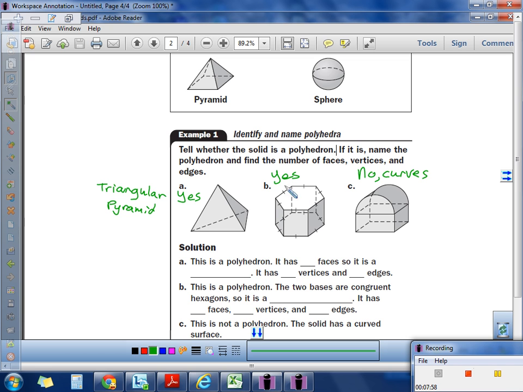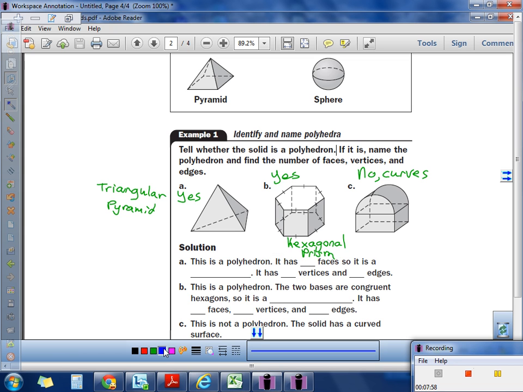So I heard octagon. Octagon means 8. Oh, it says 6. 6 is hex. So this is a, watch this, hexagonal prism. So even if you take this shape and turn it on its side, it would be sitting on a rectangle, but it's still called a hexagonal prism. And the last one we don't worry about because it's not a polyhedra.